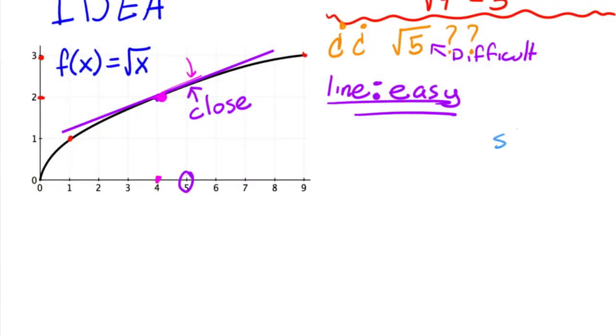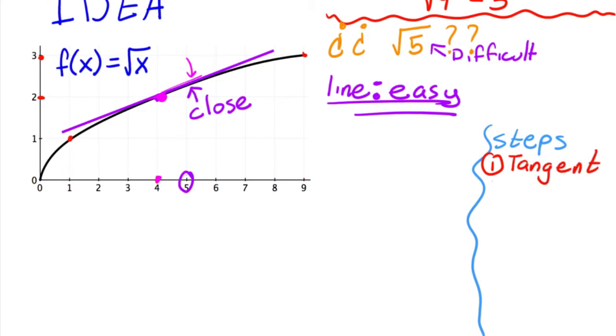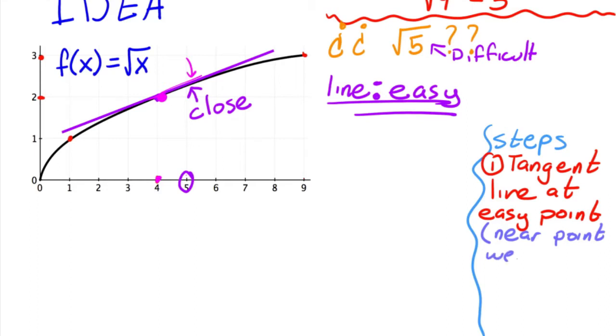I'm going to write down my steps over here. Our first step is to find the equation of the tangent line at what I'm going to call the easy point. This easy point is going to be near the point we are looking for.